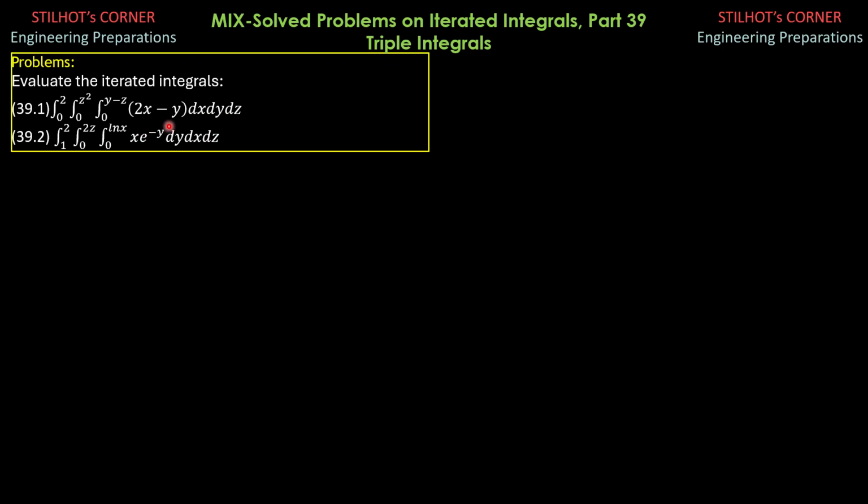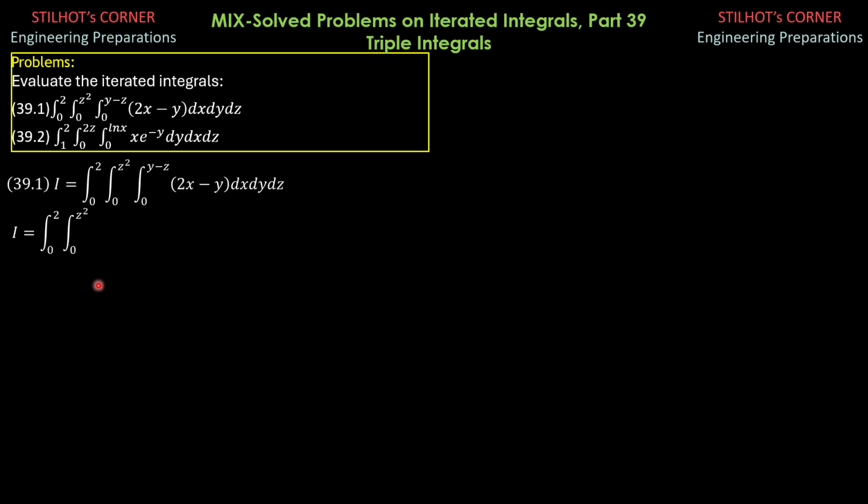So that means we have to evaluate this integral first, considering x as the variable. The integral of quantity 2x minus y dx is 2x squared over 2, or x squared, then minus yx from 0 to y minus z.